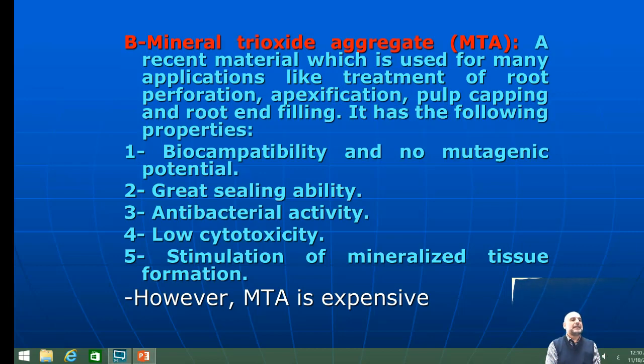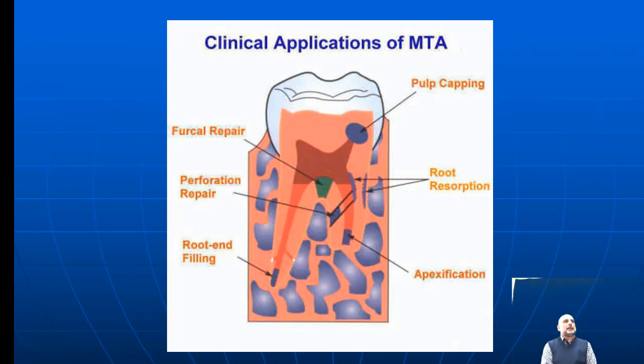However, MTA is expensive. This is when it was first introduced. The mineral trioxide aggregate was very expensive. Now there are other companies that supply it, so the material is less expensive than before. You can see the clinical applications of MTA: pulp capping, furcation repair, root resorption, perforation repair, apexification, and root end filling.